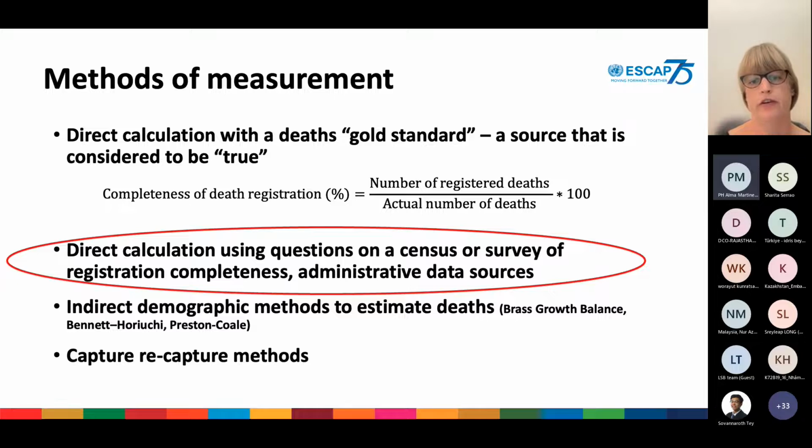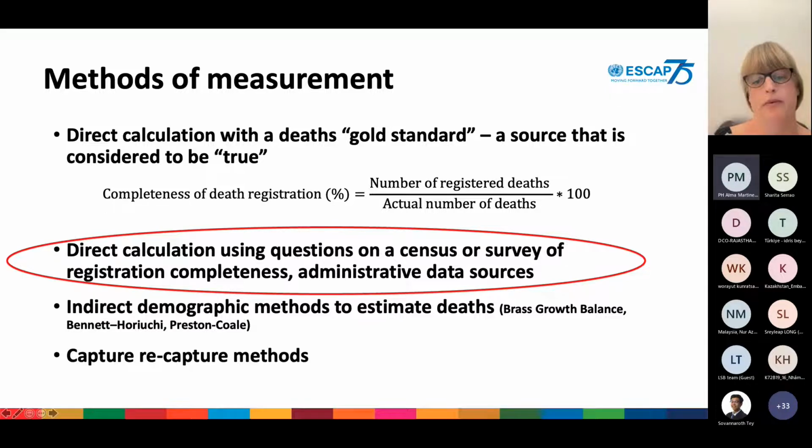The direct calculation is where you have your registered events, in this case deaths, and here it says actual number of deaths, but we're still estimating because we don't know. We're using the best source that we think there is, which we might call our gold standard. There are different ways we can choose our denominator, and for the purpose of this workshop, we'll be doing direct calculation.